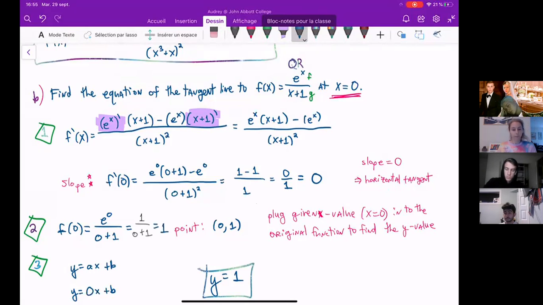Oh, okay. And that's just because e to the 0 is equal to 1. Are there any other questions? Okay, so we're going to do one more quotient rule, and then we're going to see these rules combined.